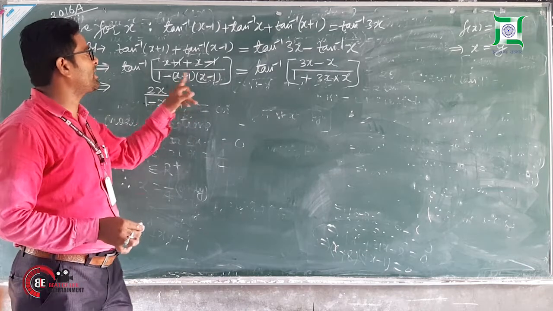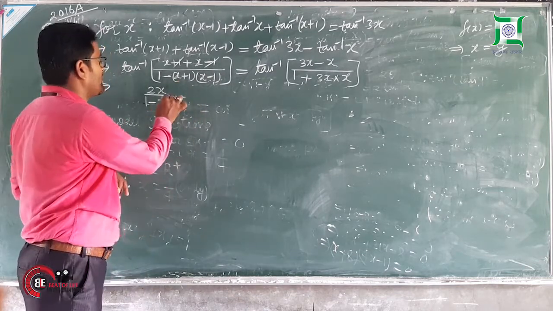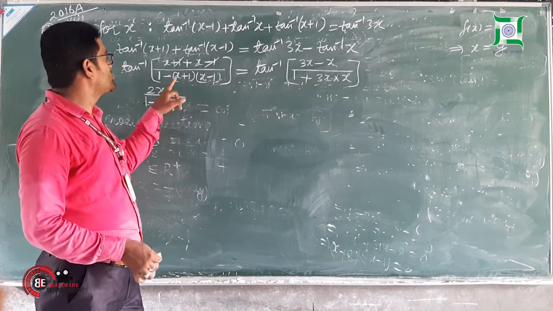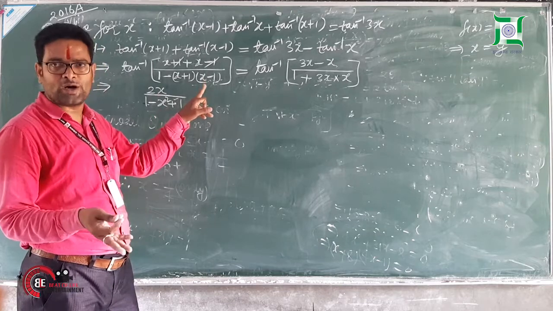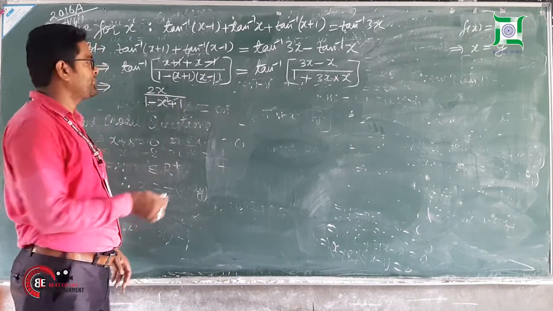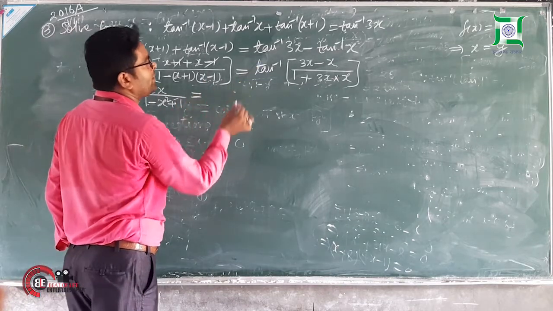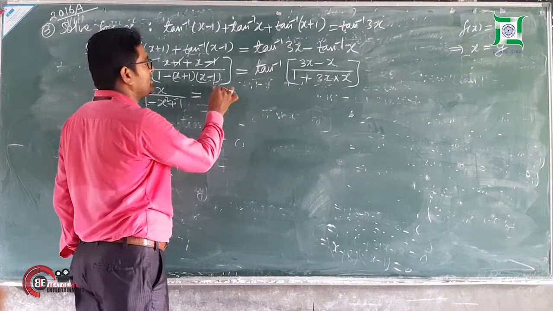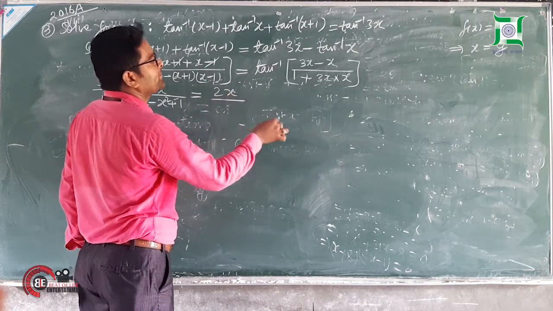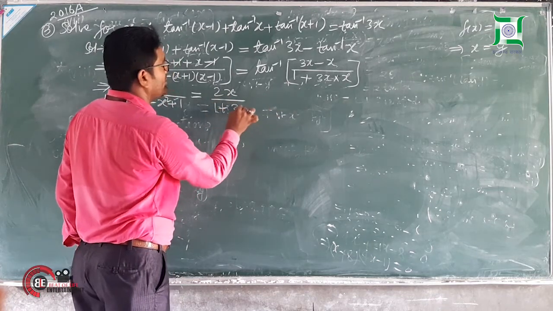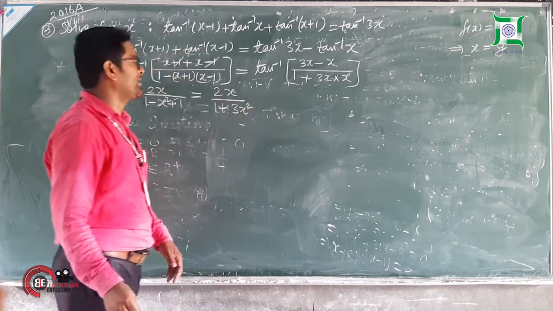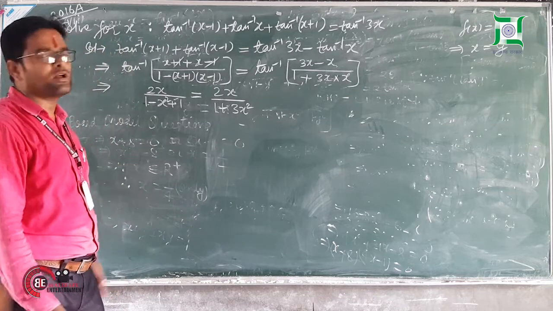It is x square minus 1, so x square will be minus, and minus 1 square, that is 1, will be plus 1. It is equal to, here, 3x minus x, it is 2x, by 1 plus 3x square. Now you can easily solve them.